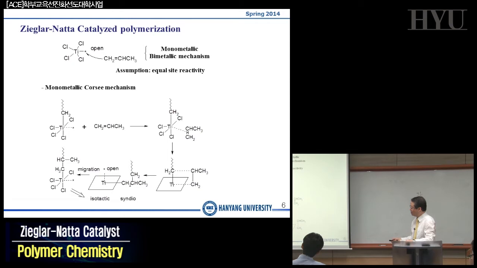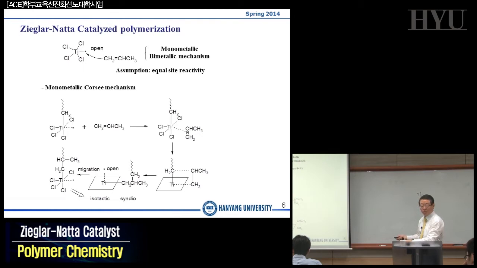So you have four chlorines in the same plane, whereas the growing chain carbon and the vinyl carbon-carbon may have transition states. And this is not very stable, so it will be broken anyway. So assuming that you have a broken chain here, and may form covalent bonds, that way you can add this propylene monomer into your growing chains.